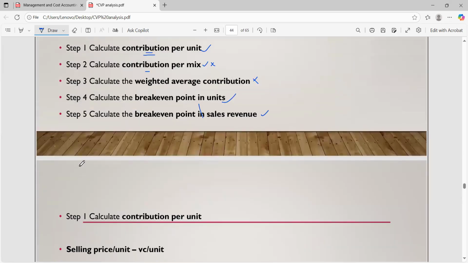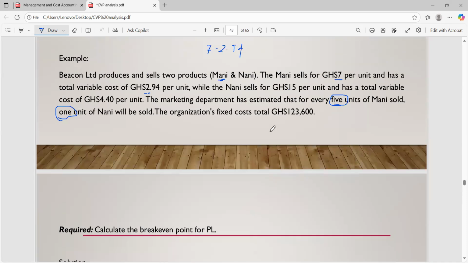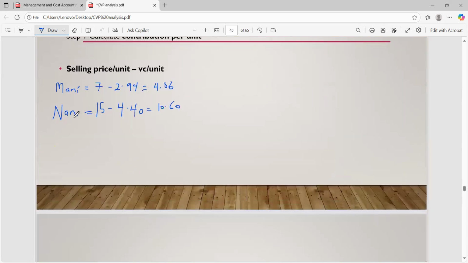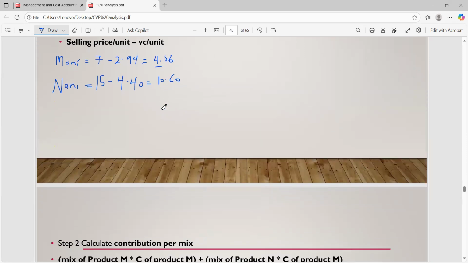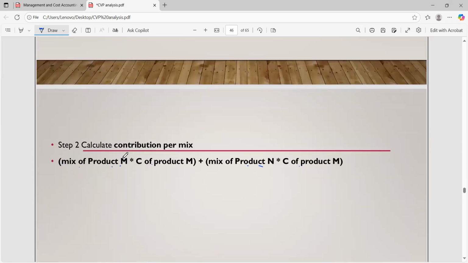We said that for Money, 5 units, for Nanny, 1 unit. So you need to multiply their mix by the contribution that you have determined. So for Money, M is representing Money, his mix is 5 multiplied by the 4.06.